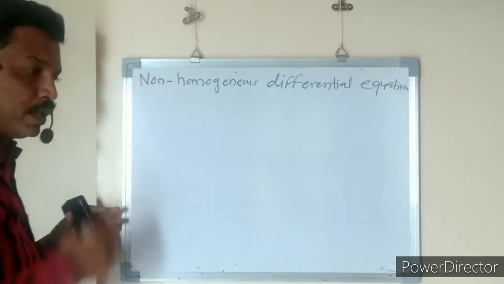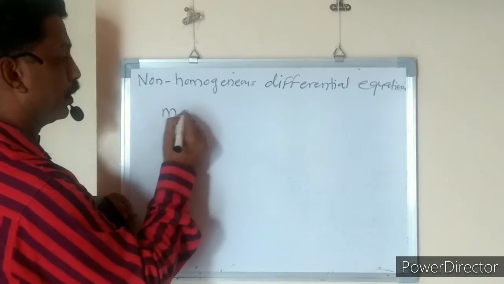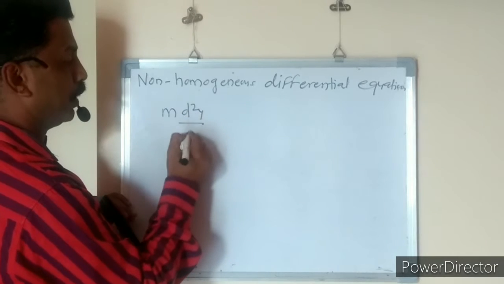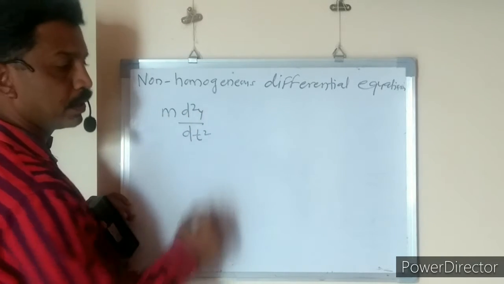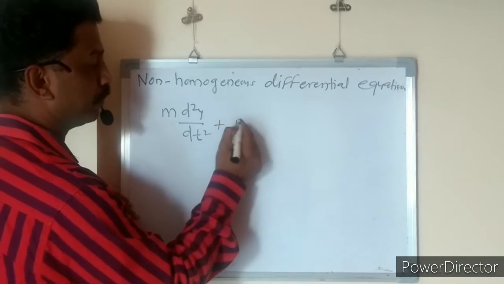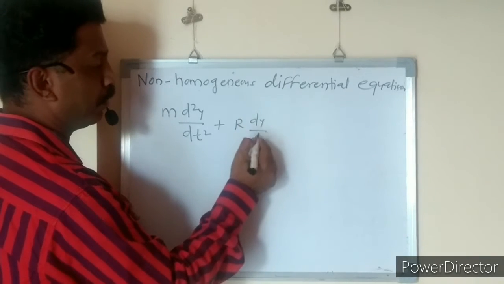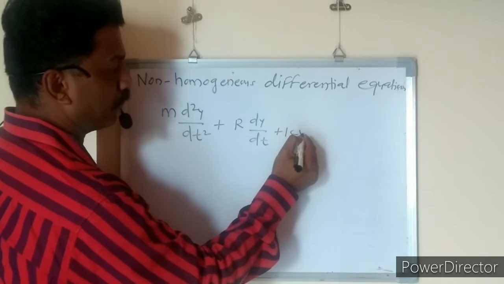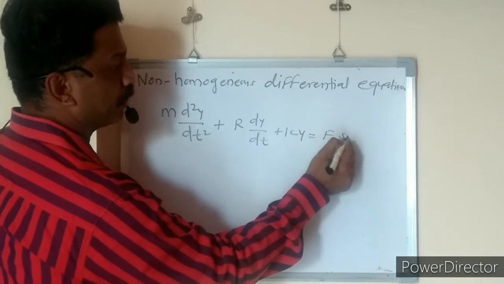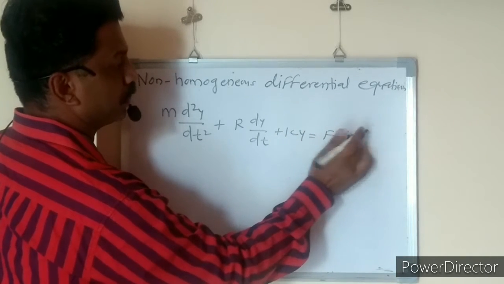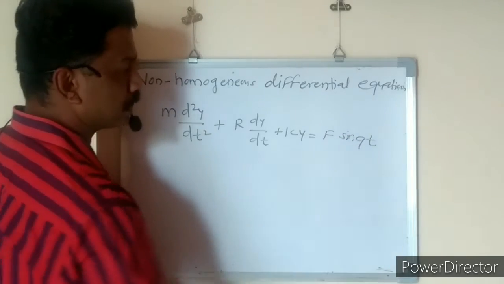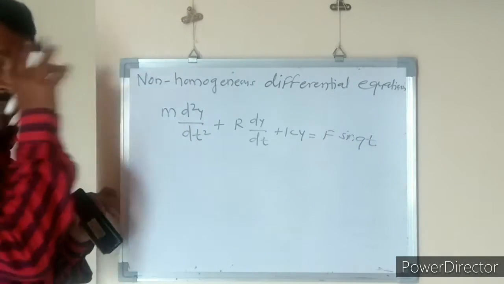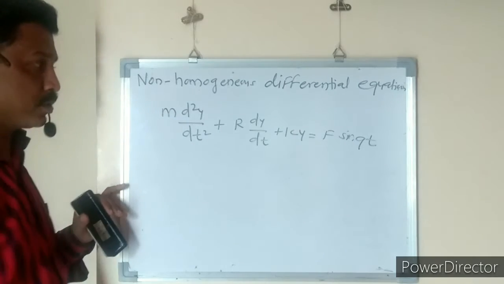The equation, if we consider that m d2y by dt square plus r dy by dt plus ky equal to f sin qt. So this is the equation of forced oscillation.